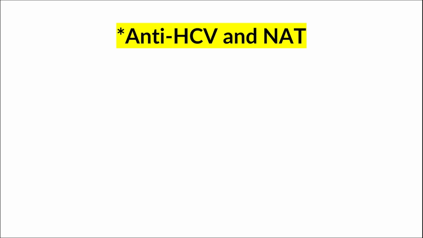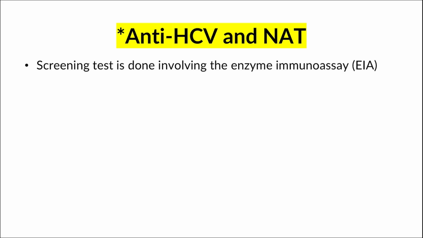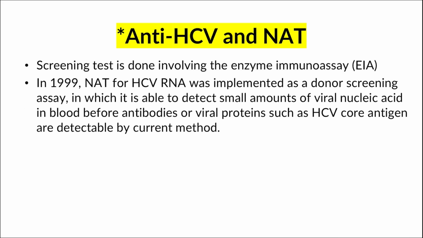Then the NAT. What is this NAT? Nucleic acid amplification test. The screening test is done involving the enzyme immunoassay or the EIA. And in 1999, the nucleic acid amplification test for HCV RNA was implemented as a donor screening assay, in which it is able to detect small amounts of viral nucleic acid in blood before antibodies or viral proteins such as HCV core antigen are detectable by current methods.